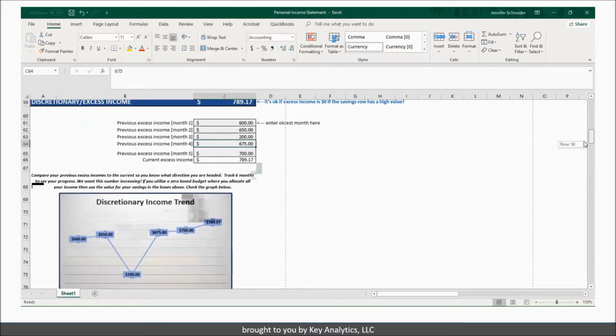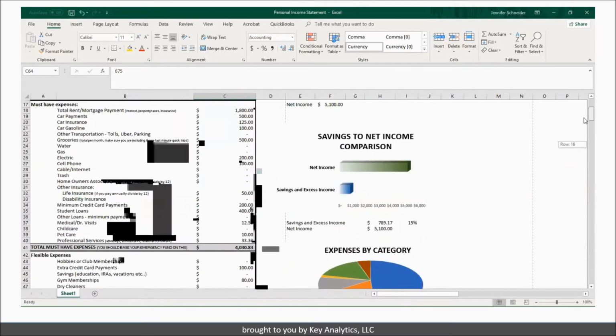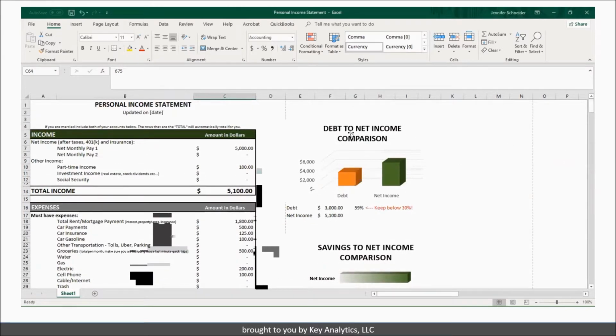So to the right of the full table, you're going to see a debt to net income comparison. And what that's going to do? That's a popular ratio. Most banks use a gross income amount. Here we're just doing net because it's a conservative number.